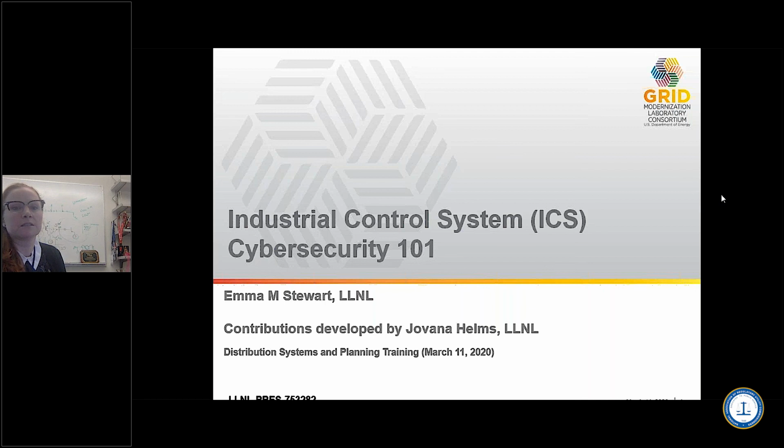It's something that is inherently now interlinked with everything we do in communication, sensing, measurement, and planning. So we have to be able to talk about what the impact of cybersecurity is on all the things we do in research. And so I think that's partly why we're integrating this into the training, to help link together why it's important and why you would want to learn about best practices for cyber in the industrial control system. So next slide.